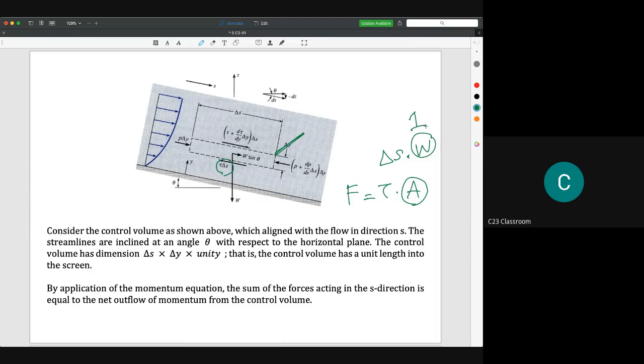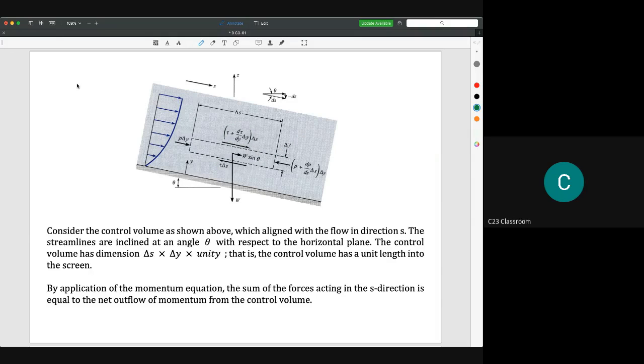Because it is unity, it becomes tau delta S. At the top, we write tau plus delta tau times delta S. To make it complete, it becomes d tau over dy delta y, because it means the change of tau in terms of the y axis. That is the second force.